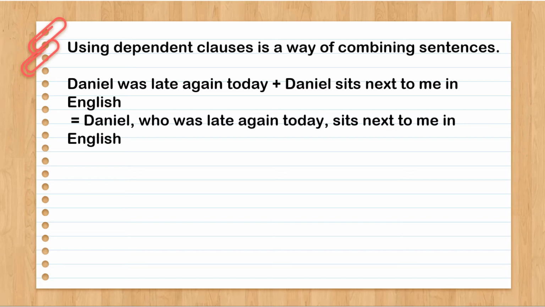Who was late again today? That is extra information about Daniel, right? Or about the action, or what is happening there. And also you have the antecedent, Daniel, and then you have the independent clause. You say, Daniel sits next to me in English, right?